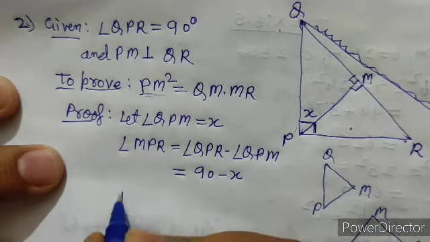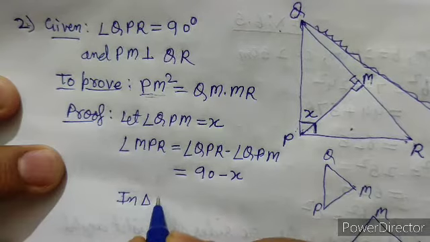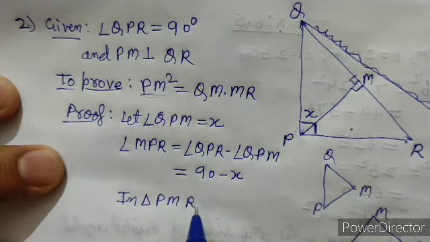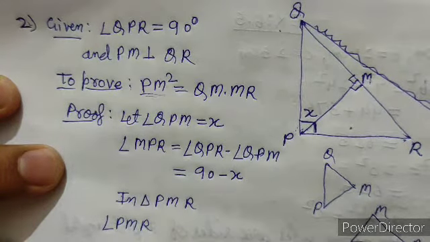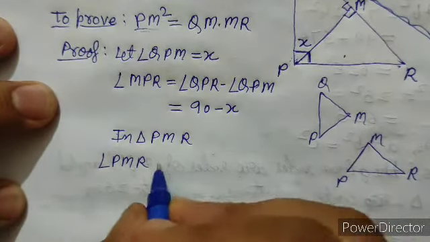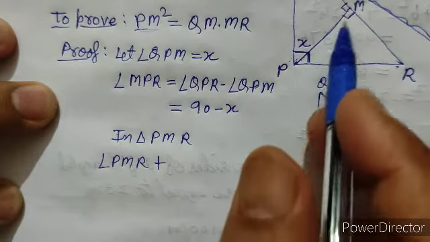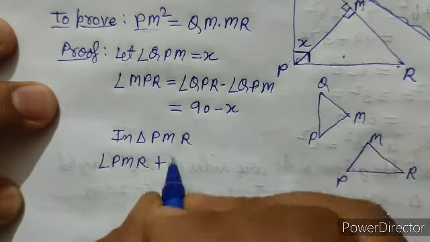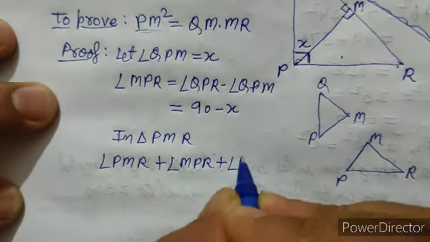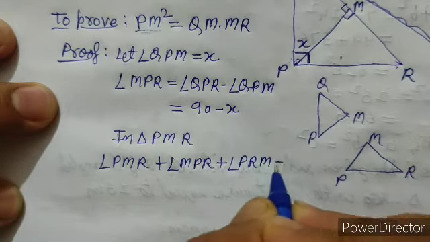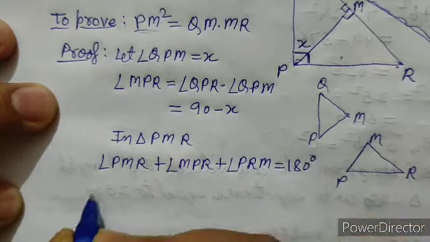Now in triangle PMR, angle PMR plus angle MPR plus angle PRM will be equal to 180 degree.